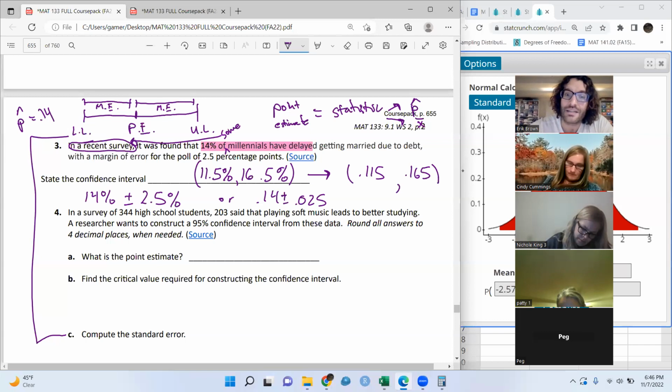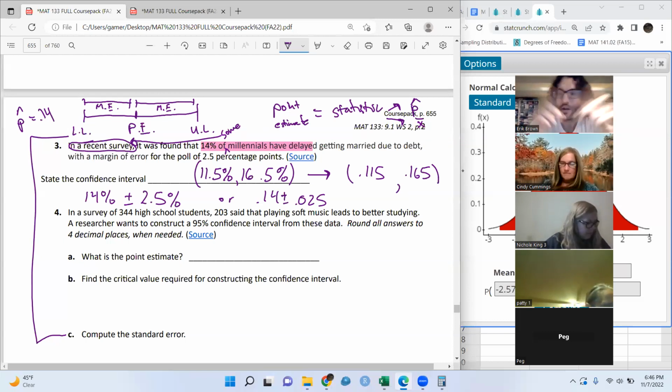But really, it's between 11.5% and 16.5%. That's really where the true population proportion is. Our best guess is 14. That's what we got from the sample, but it could be anywhere in between those numbers.